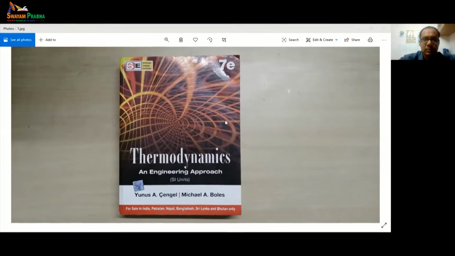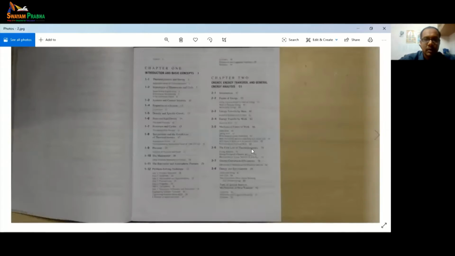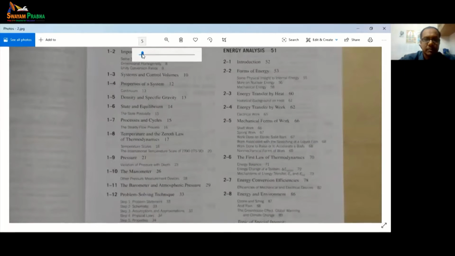The book that you see on your screen is the book that we follow here at IIT Kanpur for undergraduate thermodynamics teaching, and the book is Thermodynamics: An Engineering Approach, written by the authors Cengel and Boles. So we are following this particular book, and last time we looked at a few problems from chapter 1 and chapter 2.